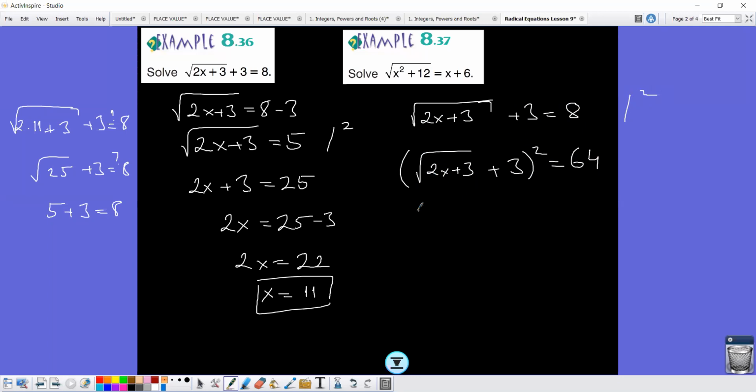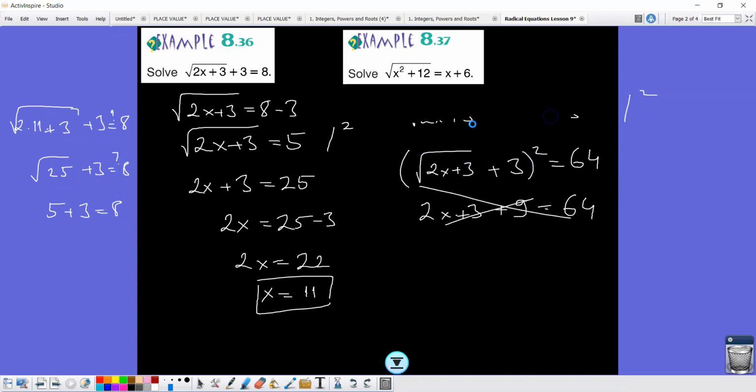You cannot just say that the square root and square cancel each other, leaving 9 and 64. This is not correct. Don't do anything like this. If you take the square here, you need to use the binomial square: the first one squared, plus 2 times the first times the second, plus the square of the second. Did you understand?